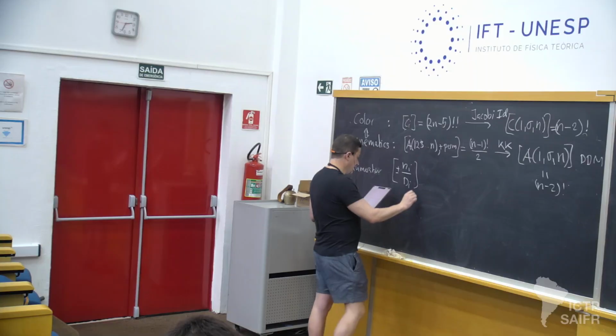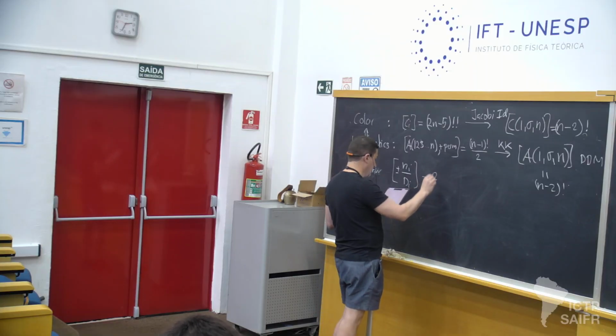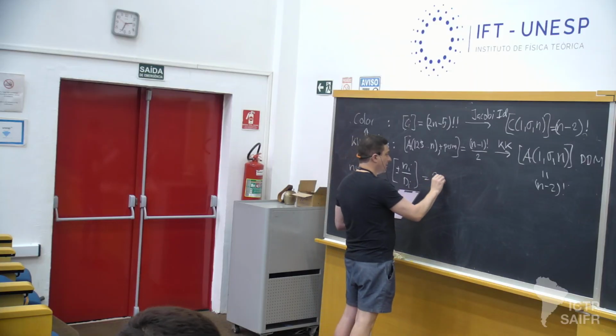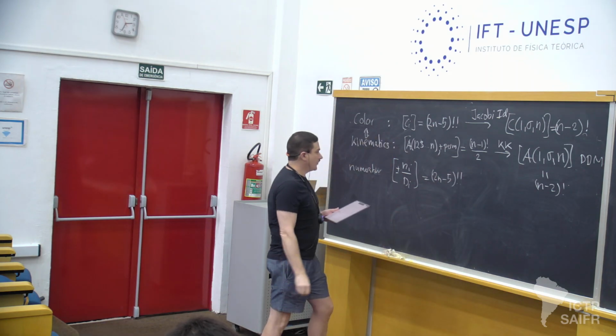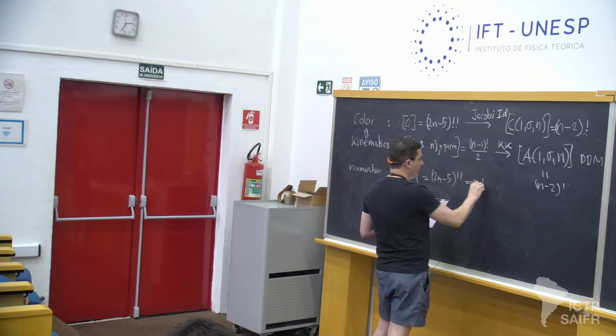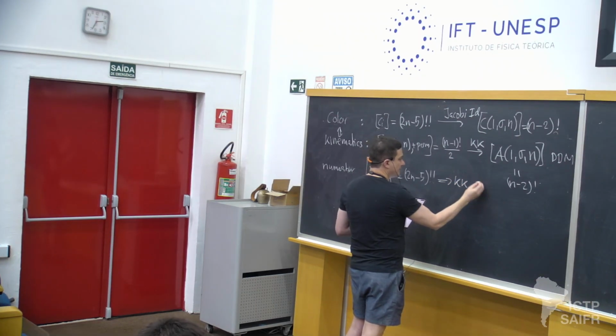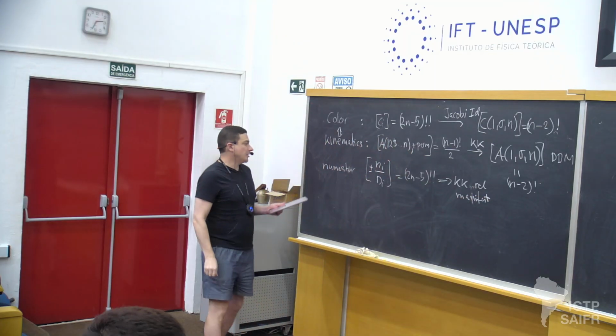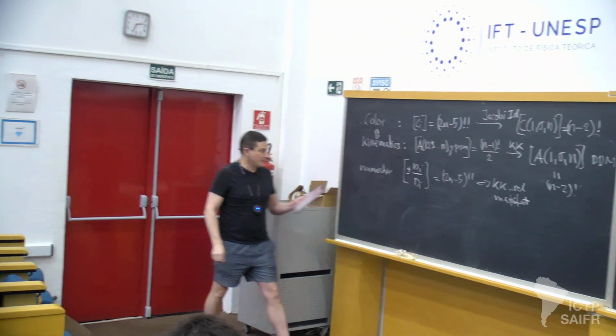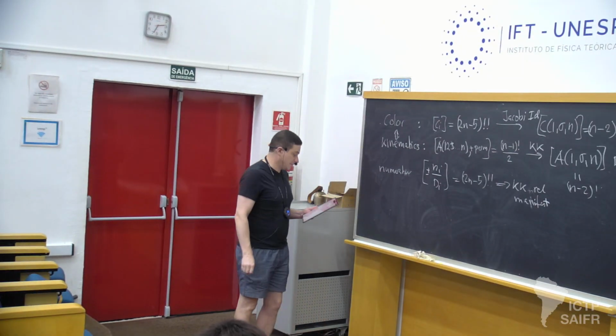The number of such diagrams is the same as the number of cubic diagrams, so that's (2n-5) double factorial. So we made the KK relations manifest, at the price of introducing these numerator over denominator diagrams.